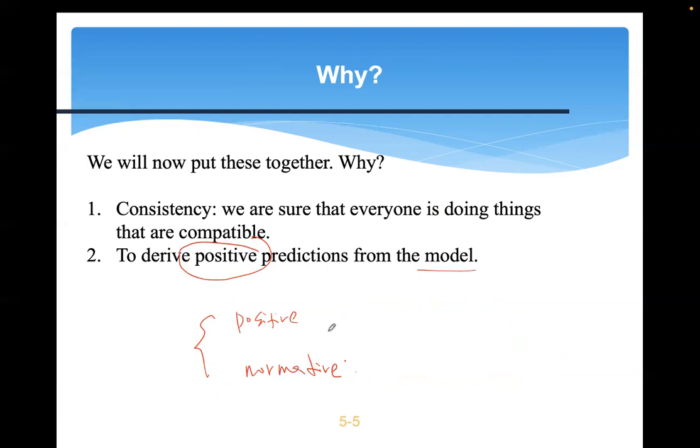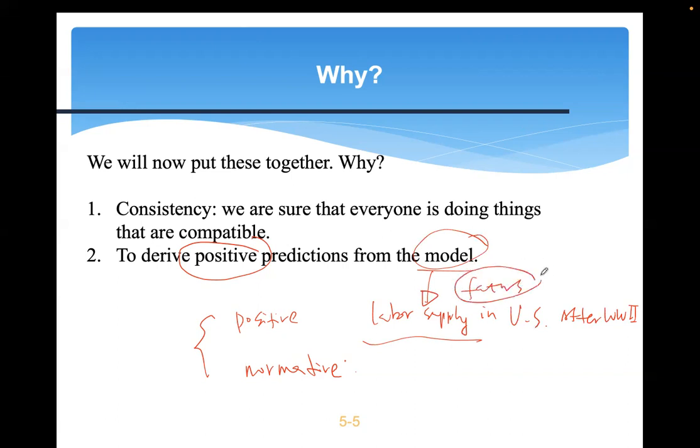Okay. So let me give examples to understand their difference. What is positive? If we observe some change in labor supply, and that's what we observe in the US after World War II, if we observe some patterns in terms of labor supply, then the positive prediction is, based on our model, we can say this is attributable to some factors.